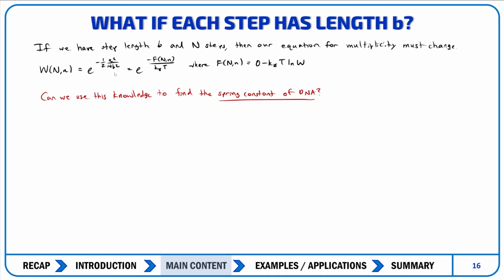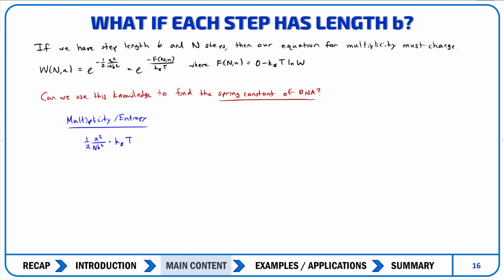And the trick really is to compare the energy that we have from multiplicity to the energy of a spring. So let's try doing this. We have multiplicity, entropy being represented as 1/2 x squared over nb squared times kBT to give us some sort of energy term.